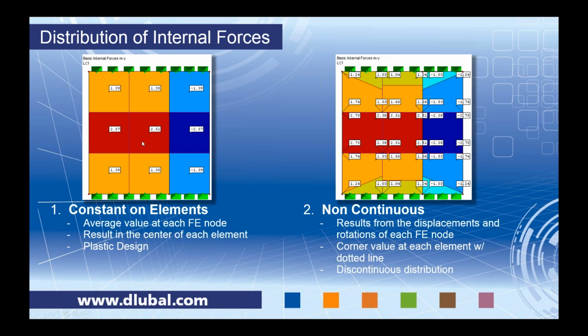With plastic design, the program attributes the applied load to all of our FE elements. If an FE element experiences any stress higher than 50 KSI, the program automatically recognizes that. It will reduce the stiffness for that single element so that we're not exceeding 50 KSI, and then the load is distributed to adjacent elements.